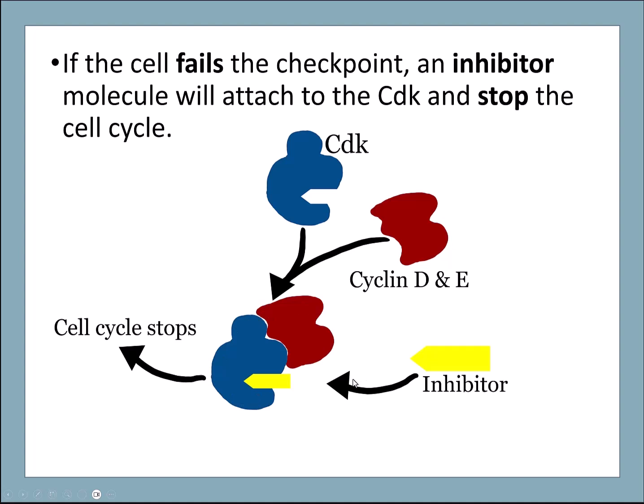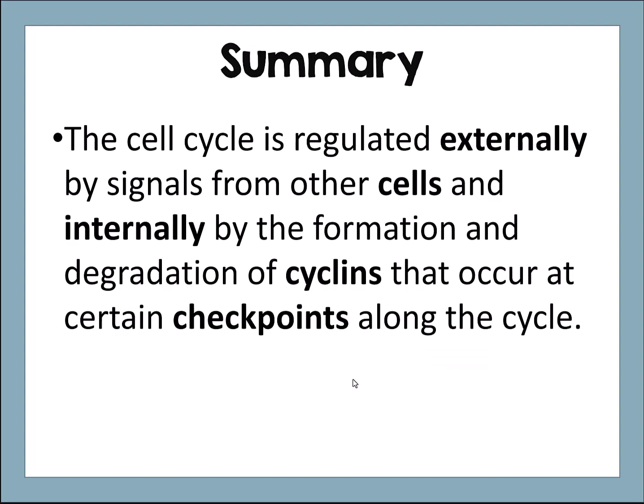If there's a problem with one of those checkpoints, the DNA hasn't been correctly replicated or the spindles aren't correctly formed, an inhibitor molecule will join that complex and the cell cycle will stop. So in summary, the cell cycle is regulated externally by signals from other cells and internally by the formation and degradation of cyclins that occur at certain checkpoints along the cycle.